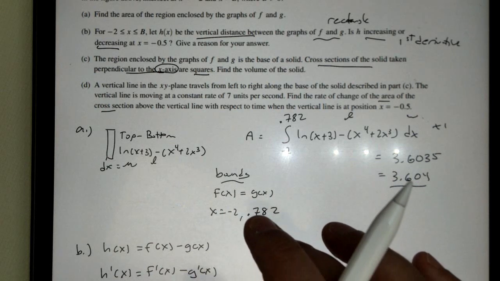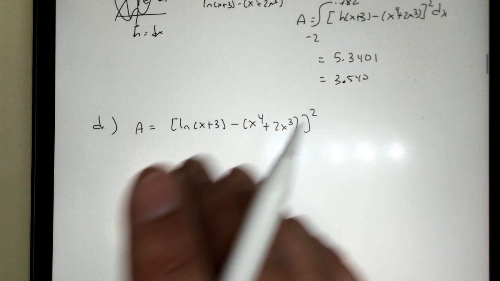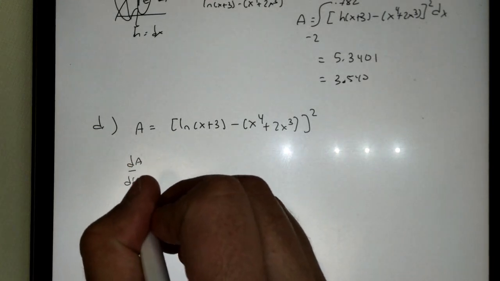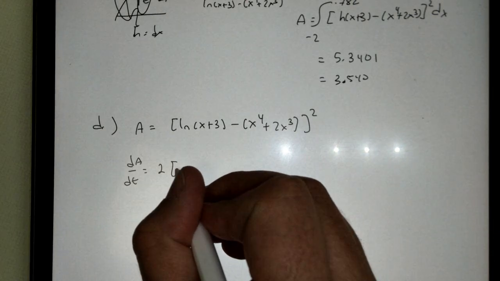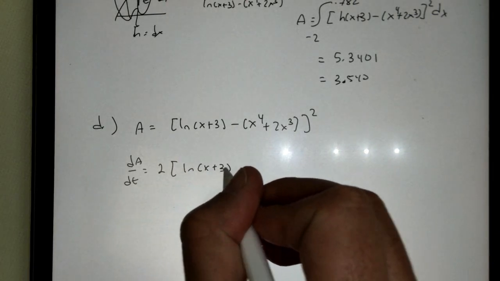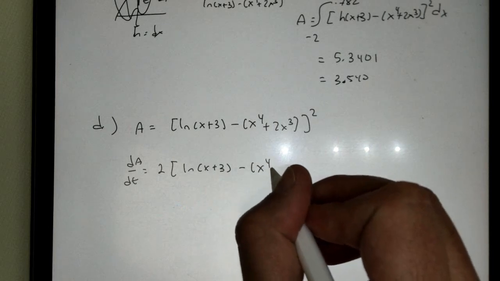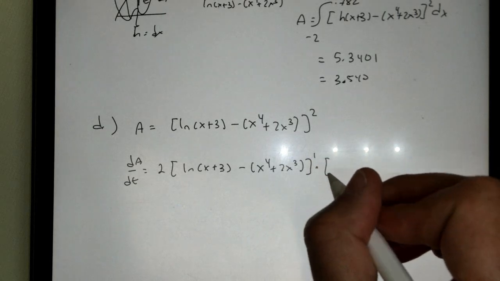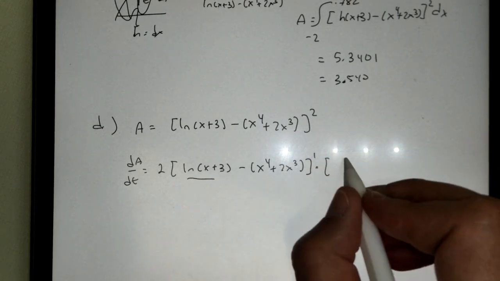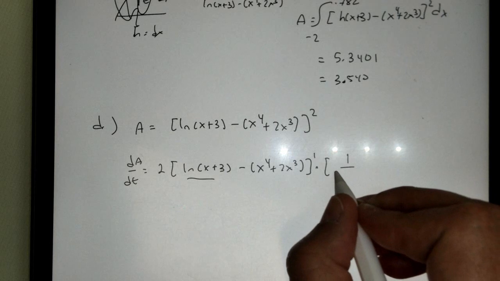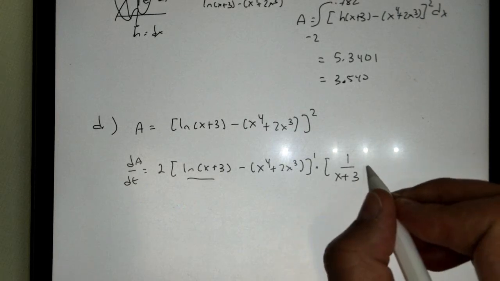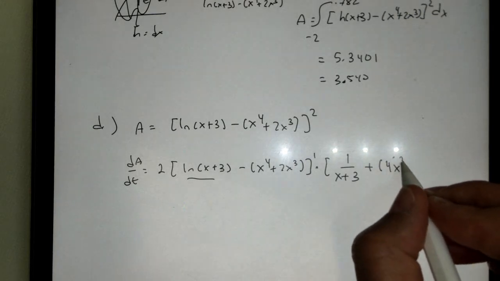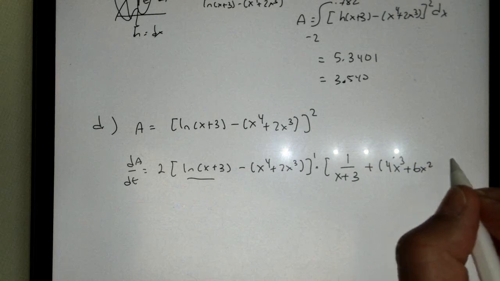So we have to take this derivative. Here we go. dA/dt is going to become 2 times the natural log of x plus 3 minus x to the 4th plus 2x cubed, to the first, times the derivative of the inside: 1 over x plus 3, plus 4x cubed plus 6x squared.